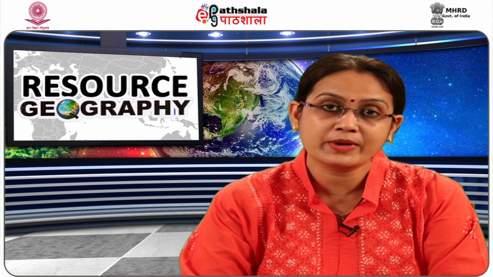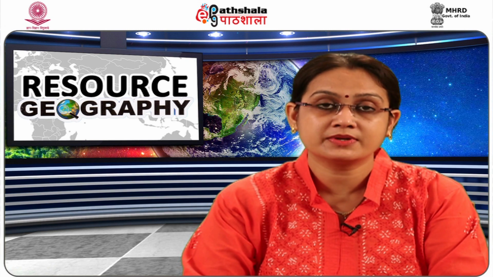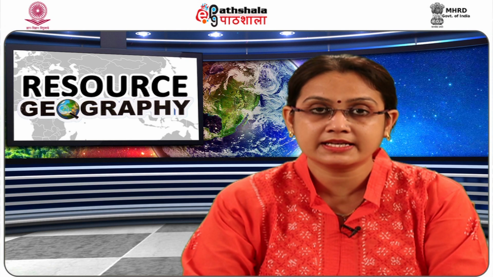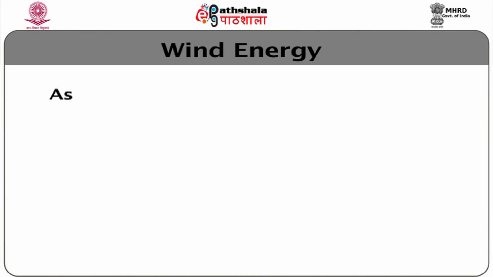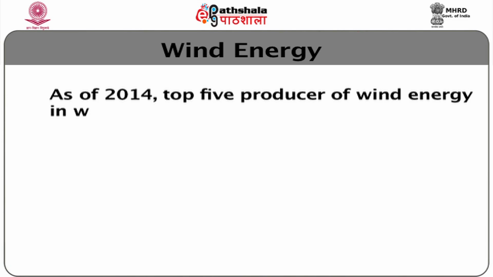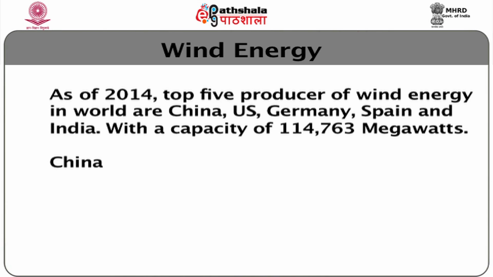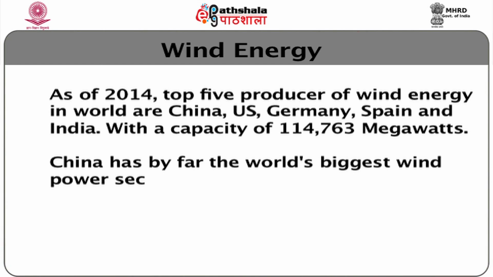The first is wind energy, which is cheap, pollution free, and as I have said earlier, environmentally friendly. As of 2014, the top 5 producers of wind energy in the world are China, US, Germany, Spain, and India, with a capacity of more than 1 lakh megawatts.